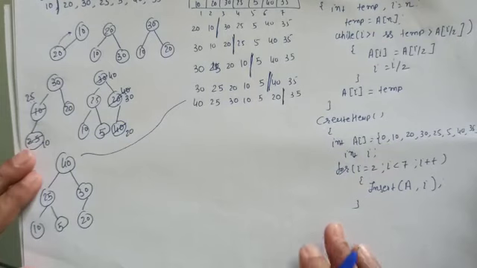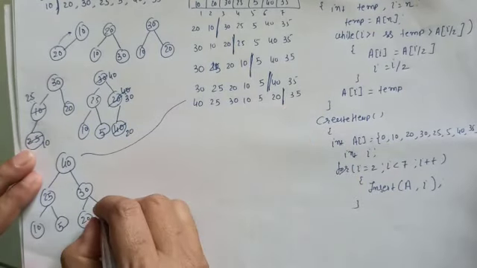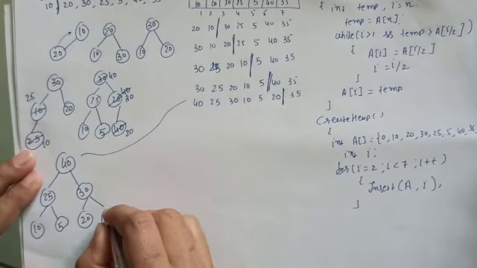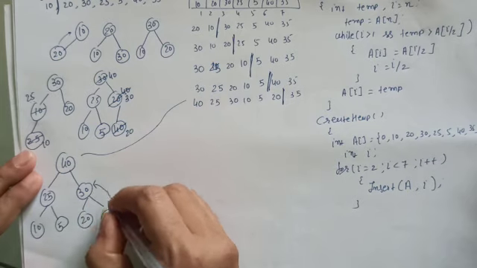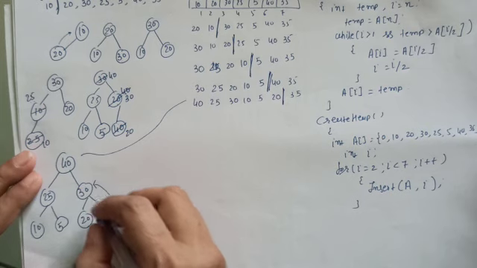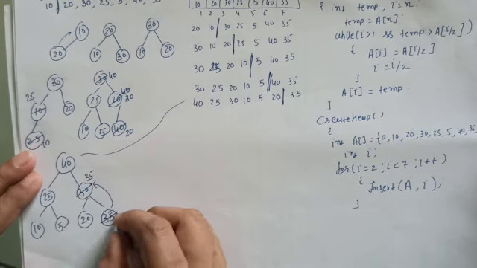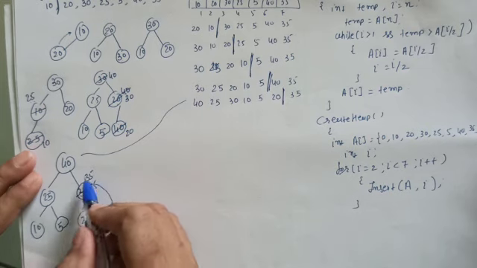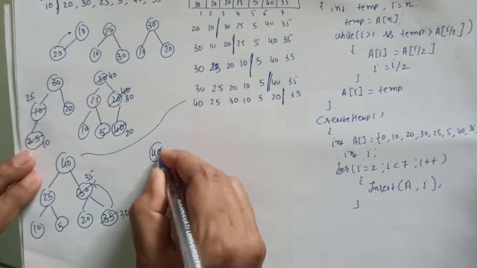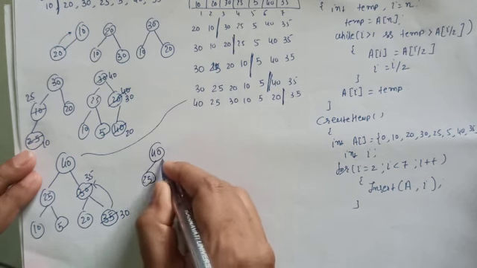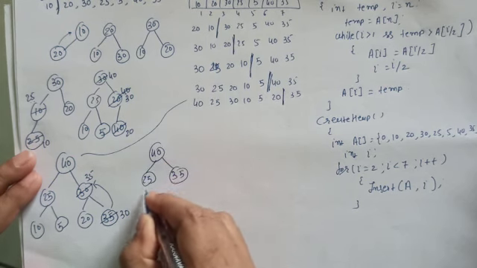Now next is 35. So it would be inserted at this first free available space. Now 35 is compared with its ancestor, 30 is smaller, so 35 goes up and 30 goes down, and 35 is compared with 40, 40 is not smaller, so it's completed. So the final binary heap tree is this.